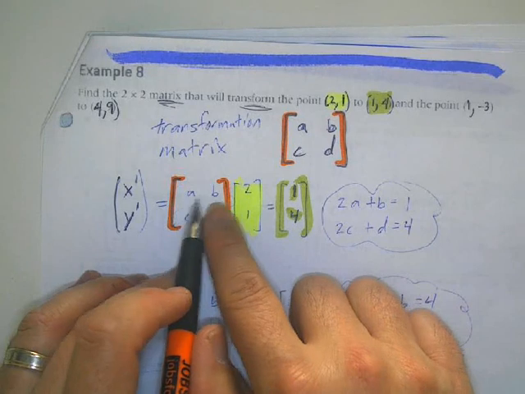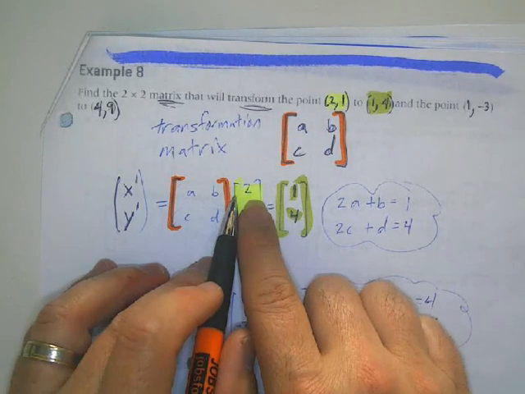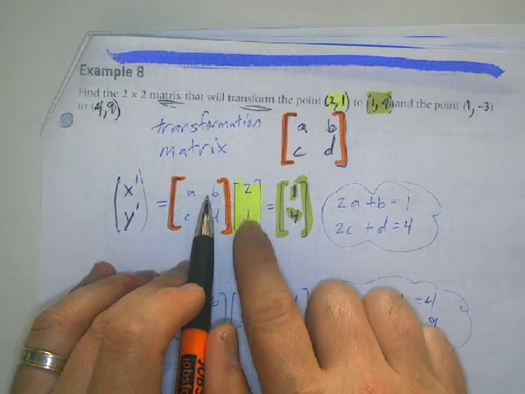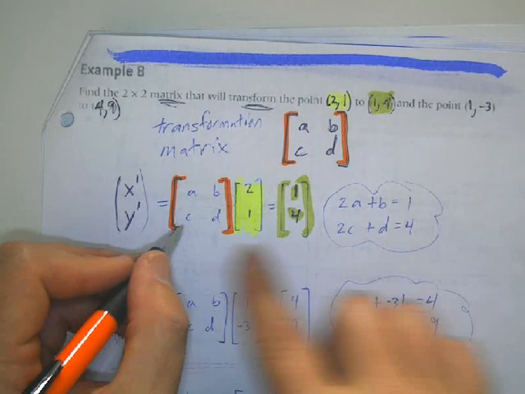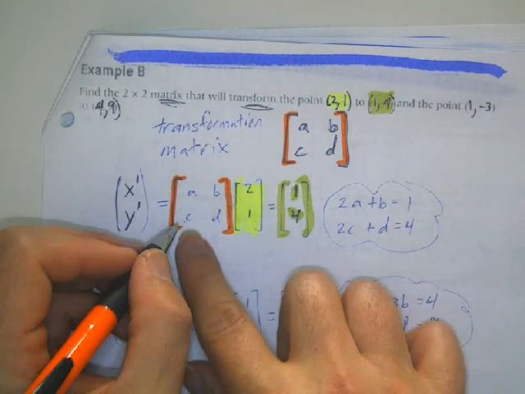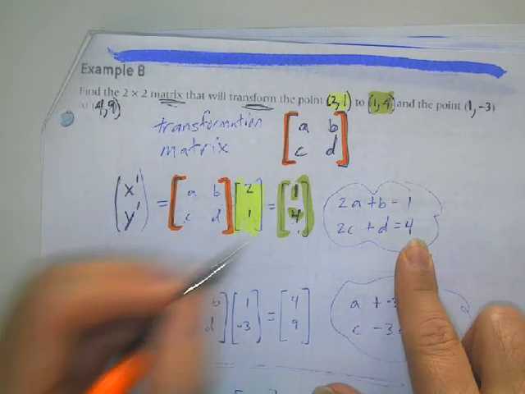A times 2 and B times 1 is going to give me 1. And then if I have C times 2 plus D times 1, that's going to give me 4. So now I've got one equation.